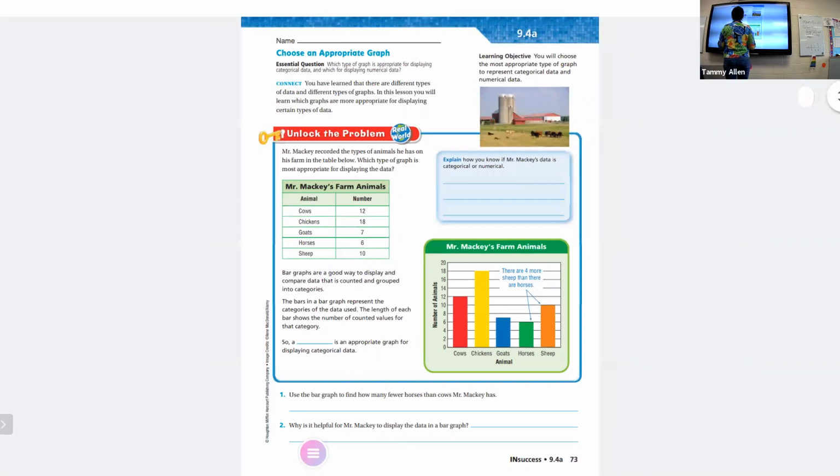Should be on page 73. And again, we're just looking at what graph would be appropriate.